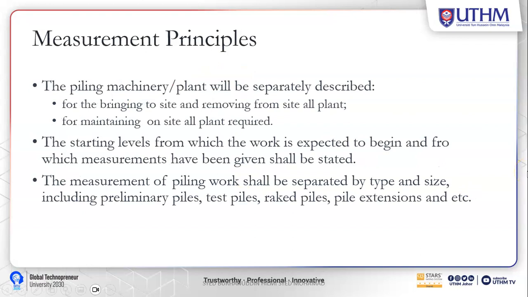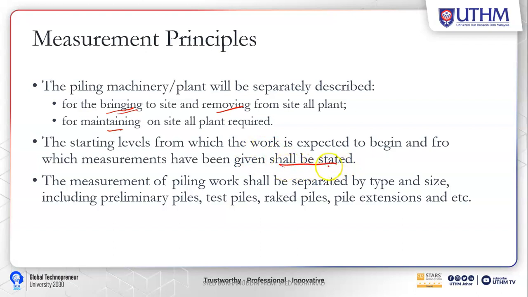The piling machinery or plant will be separately described. First, bringing to the site and removing from the site all of the plant, and maintaining on site all plant required. The starting level from which the work is expected to begin and from which measurement has been given shall be stated.